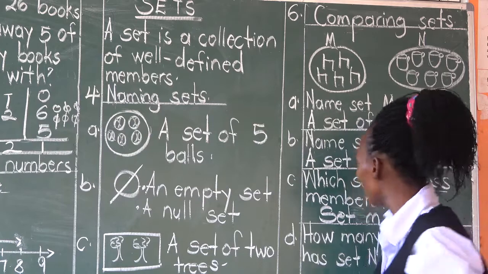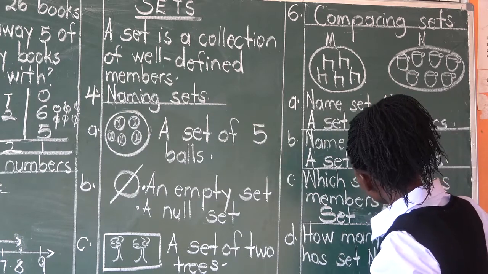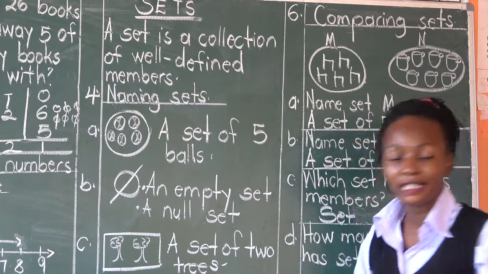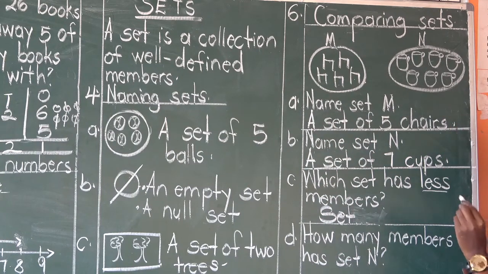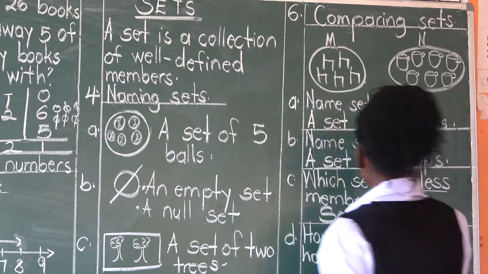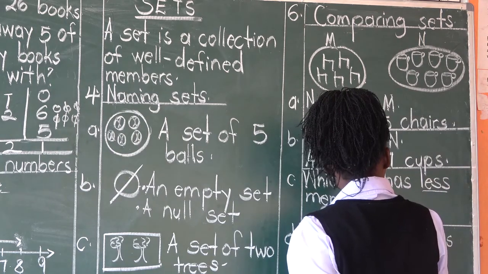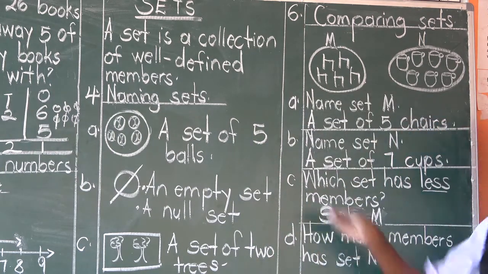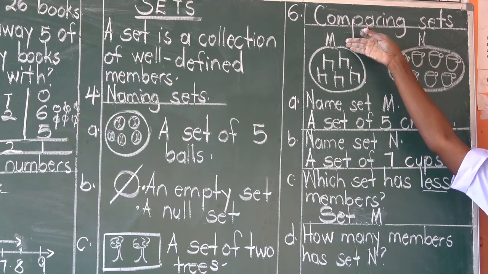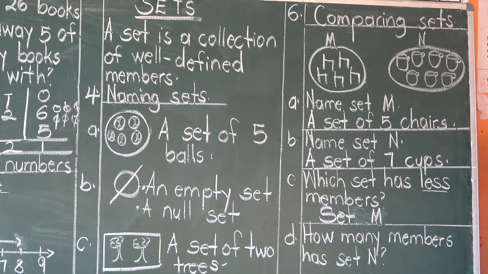What they give you, that's what you write. If they write it in capital, also write it in capital. If they write it in small, also write it in small. Now our answer will be set M. And M is supposed to be capital, because even here it is the capital.